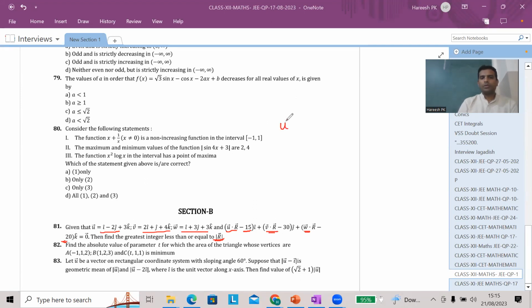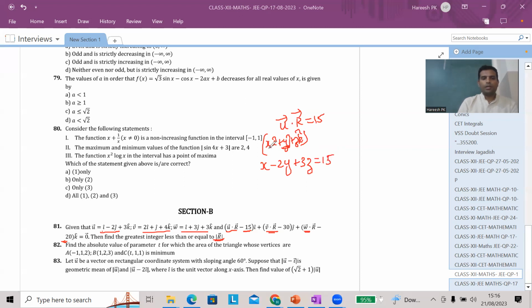So that means u dot R is 15. So assume vector R has x i cap, y j cap, z k cap. So when you multiply it with vector u, you'll get x into 1, then y into minus 2, so minus 2y, then z into 3, so plus 3z. So that whole thing is equal to 15.